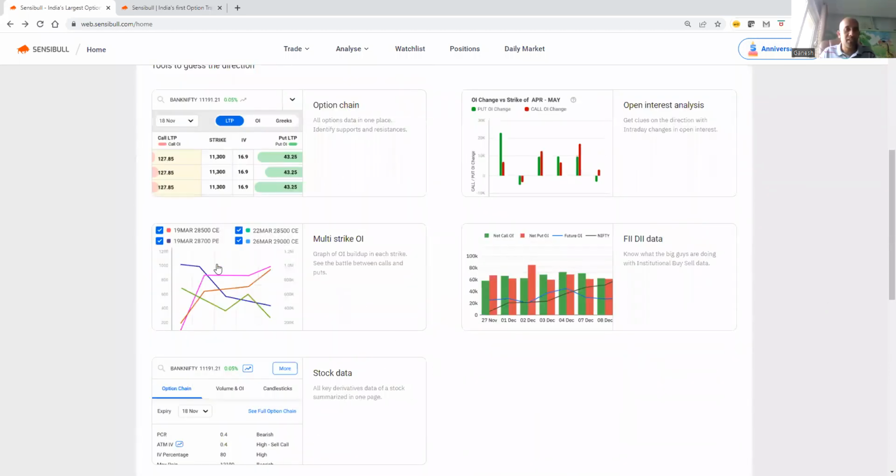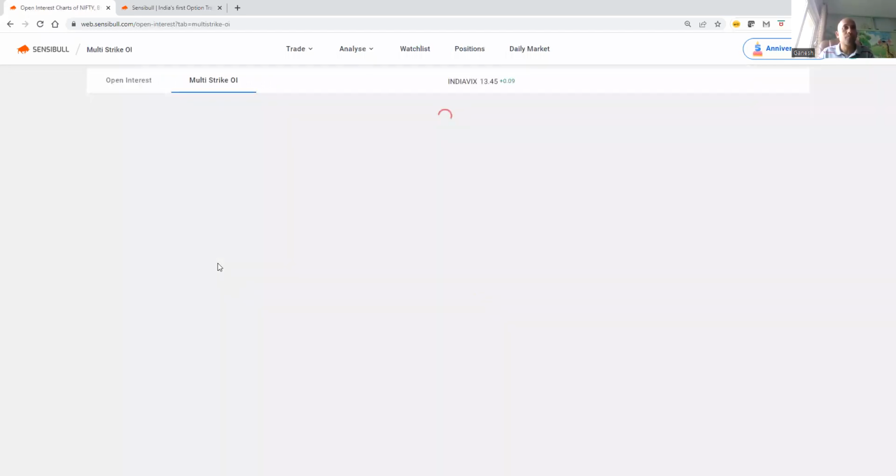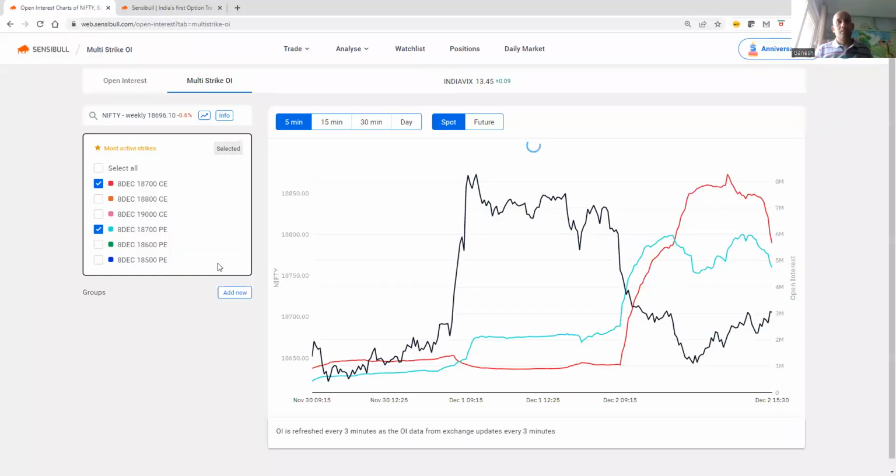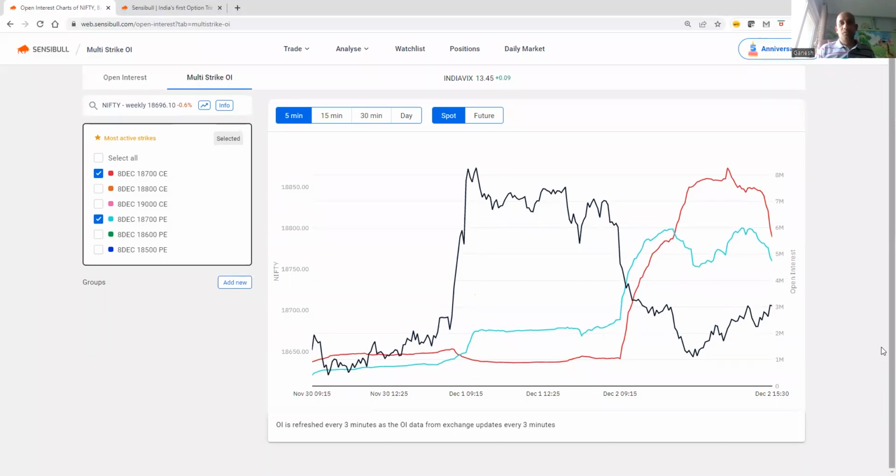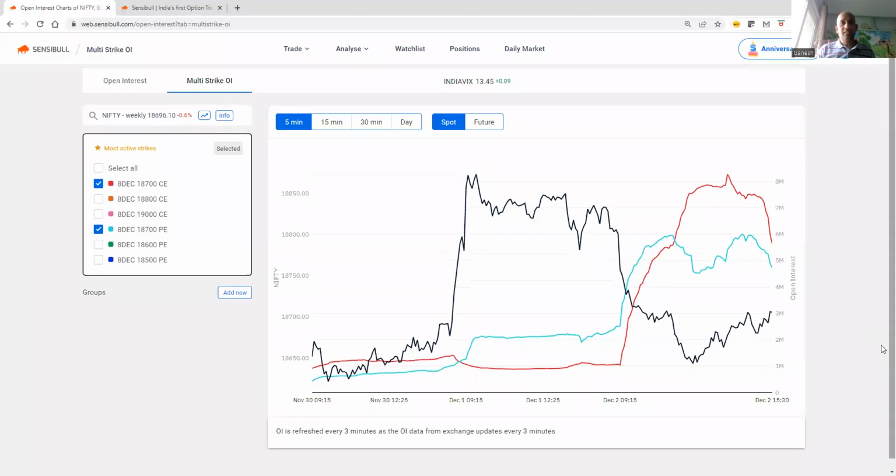Multi-strike is much better for intraday people. Those who are aggressive in intraday look at the active strikes, how they're moving over 5 minutes and 50 minutes, which strike is going up.